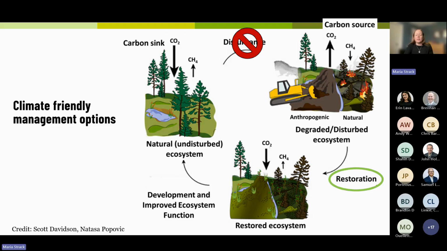And so we can just avoid that disturbance or reduce the amount of disturbance on the landscape and protect that carbon in place. In areas where we do have a lot of disturbed or degraded ecosystems, we could move towards ecological restoration to start to return those ecosystem functions of carbon storage. So we should do more restoration and do it in the best way possible.